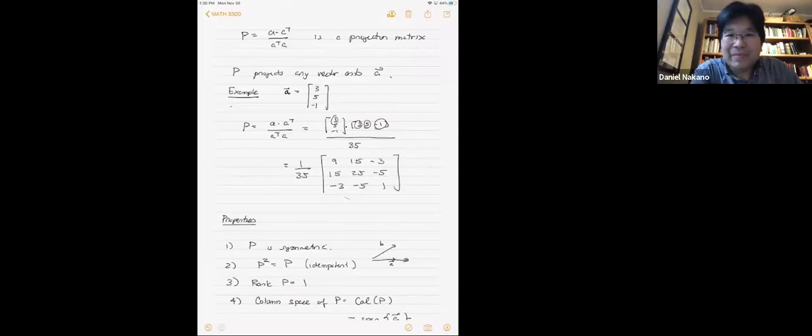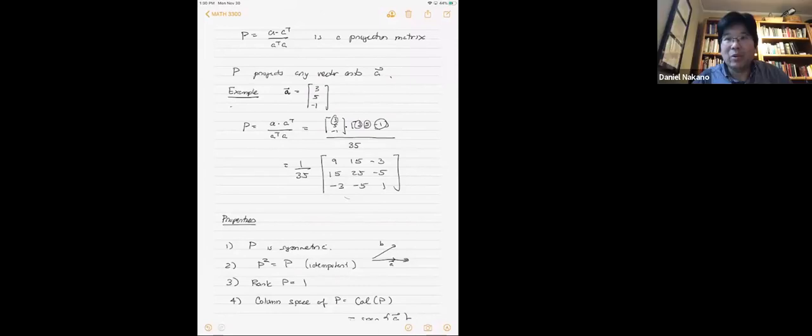Right. It's a clever little trick. You can actually write the projection matrix, and then you don't have to keep using the formula all the time. Once you have the projection matrix, you can project anything you want. Gotcha, thank you. Good. Other questions?